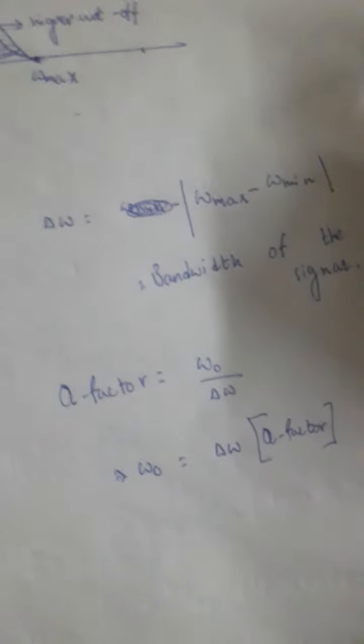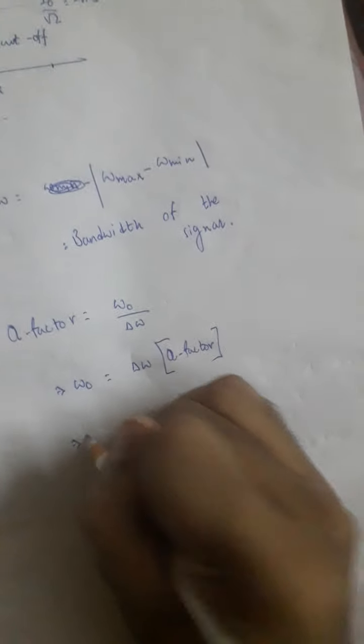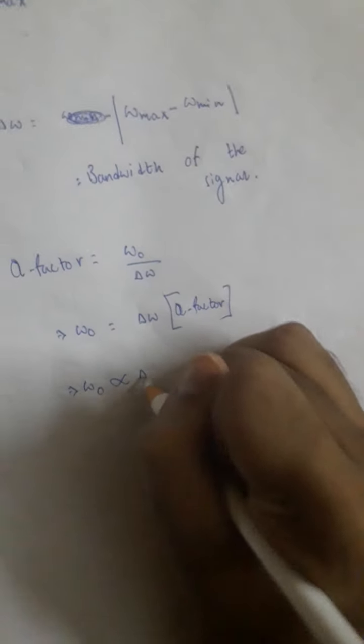So omega naught changes with respect to del omega, with respect to the bandwidth. So omega naught becomes dependent upon del omega.